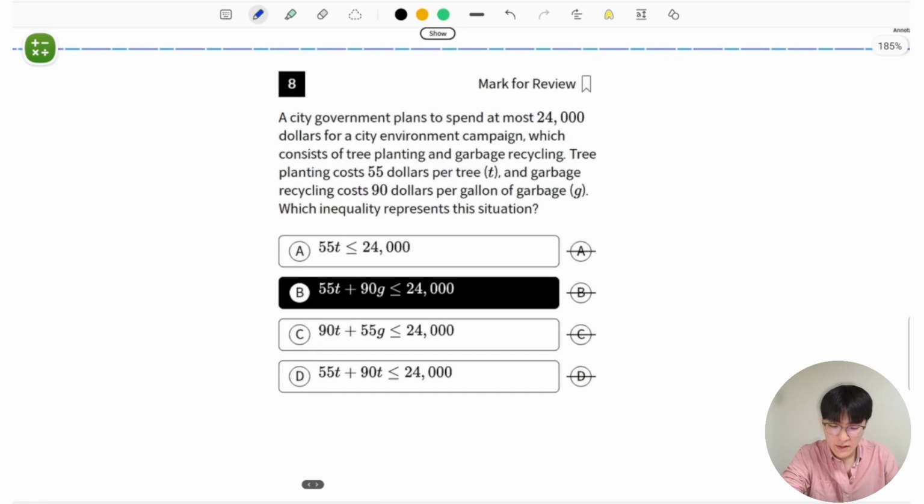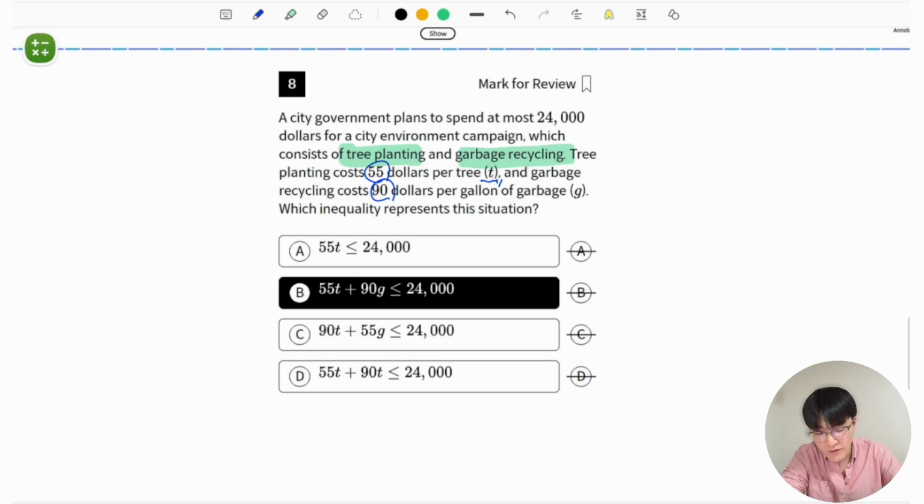Question number 8. A city government plans to spend at most $24,000 for the city environment campaign, which consists of tree planting and garbage recycling. So 2 things, tree planting and garbage recycling. Tree planting costs $55 per tree, and garbage recycling costs $90 per gallon of garbage. Which inequality represents this situation?